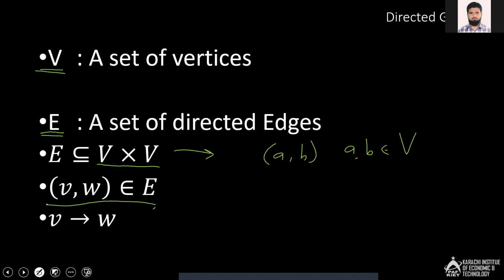What this implies is that there's an edge going from vertex V to vertex W.